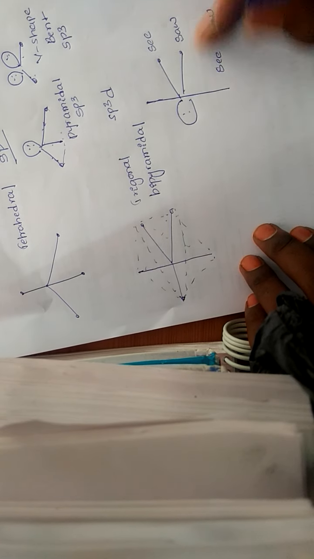Now, if it is like a mirror, we can see from here, and they can see from here. Means it is like a seesaw structure. Now hybridization is 1, 2, 3, 4, 5, same like the parent molecule, sp3d.